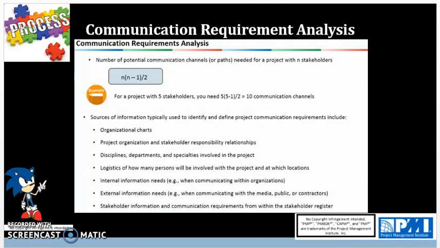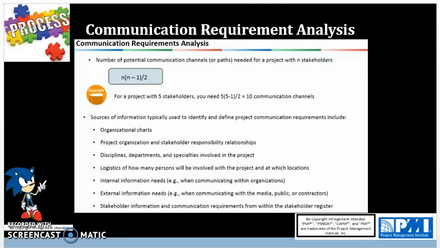And just as a refresher again, I would like to go over the communication requirements analysis, specifically the formula n times n-1 divided by 2. Basically, this formula here you see in this slide shows that for 5 stakeholders, there are 10 communication channels. That would include you as a project manager as one of the stakeholders, unless it is explicitly stated.